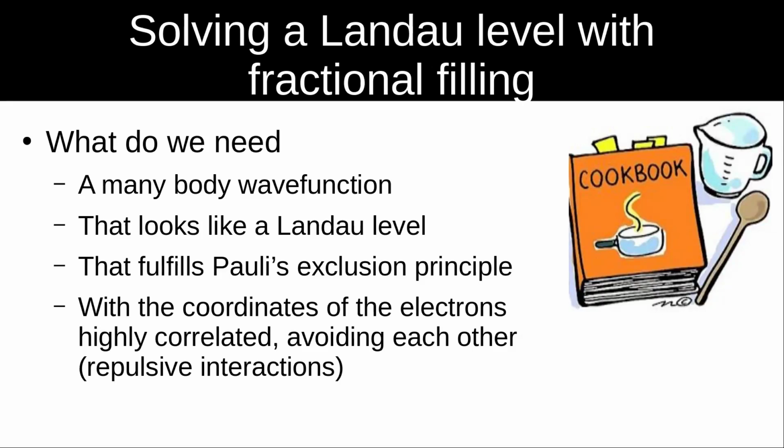And then if we believe that this state actually appears when we have very strong correlations, it would be very nice if our wave function tries to put electrons as far from each other as possible, because this would be the situation that would naturally arise if we have repulsive electron-electron interactions. Electrons would like to minimize the energy just by staying as far from each other as they can.